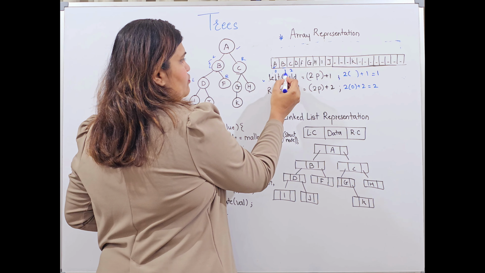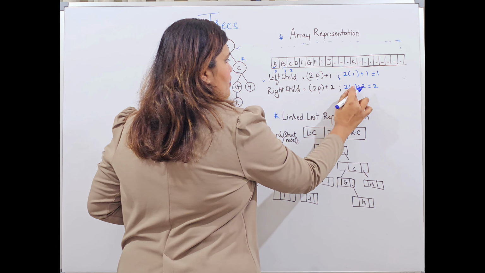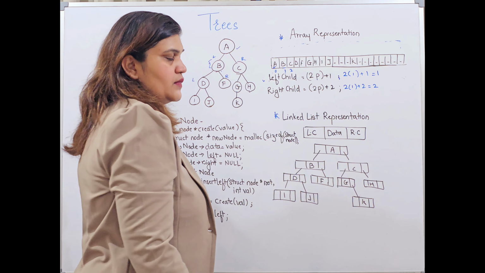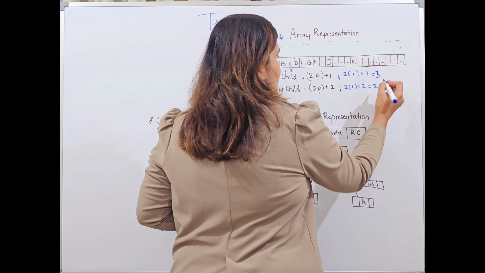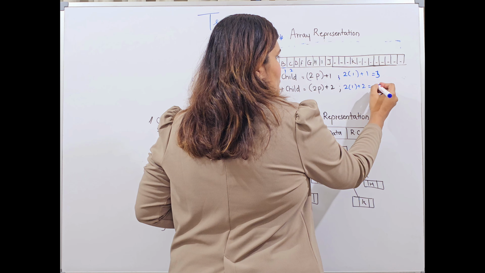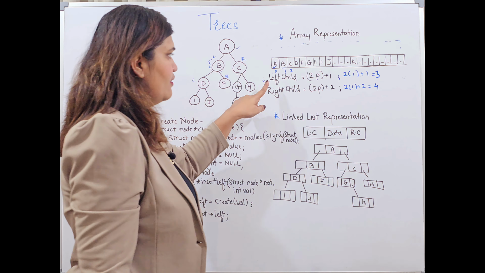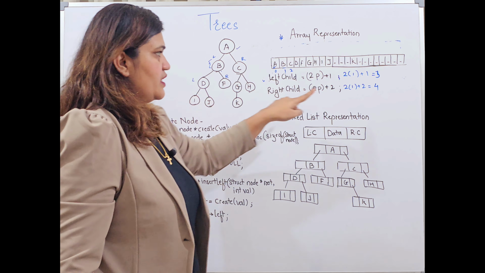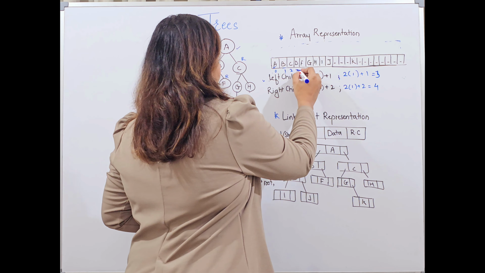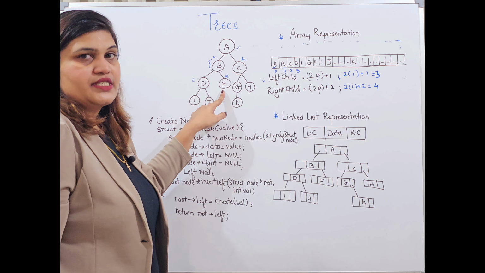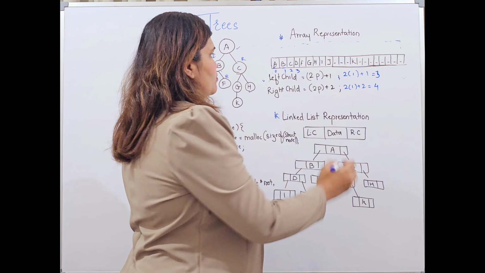B. Where is B? At index 1. So 2 of 1 plus 1, similarly 2 of 1 plus 2. When we calculate this, 2 ones are 2 plus 1, that is 3. 2 ones are 2 plus 2, that is 4. So the left child, that is D, will be placed at index 3, and the right child, which is F, will be placed at index 4.